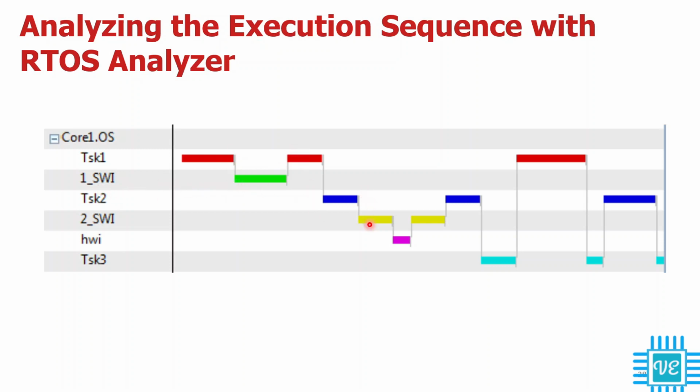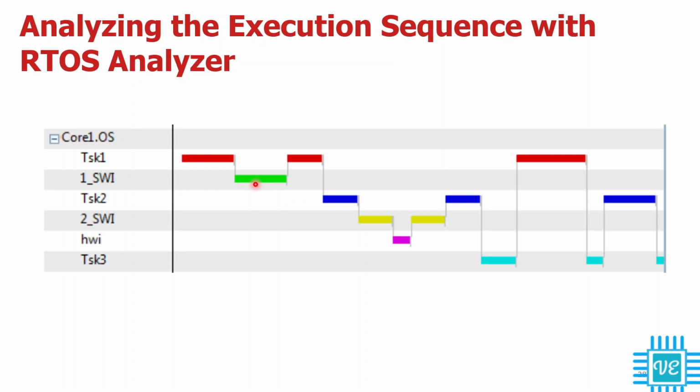This kind of graphical analysis you can see using the RTOS Analyzer, and it is a very good representation, I would say. So you can find whether your task is running according to the application that you wrote, depending on the use case. It is very useful in debugging especially.